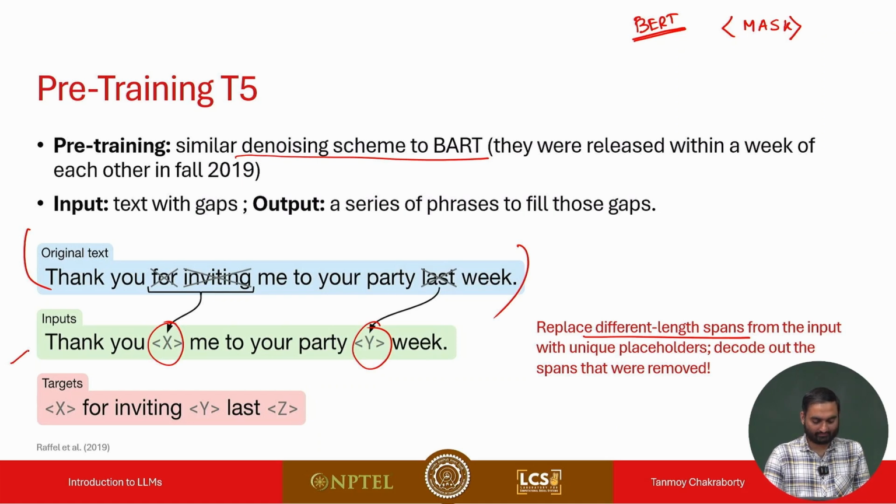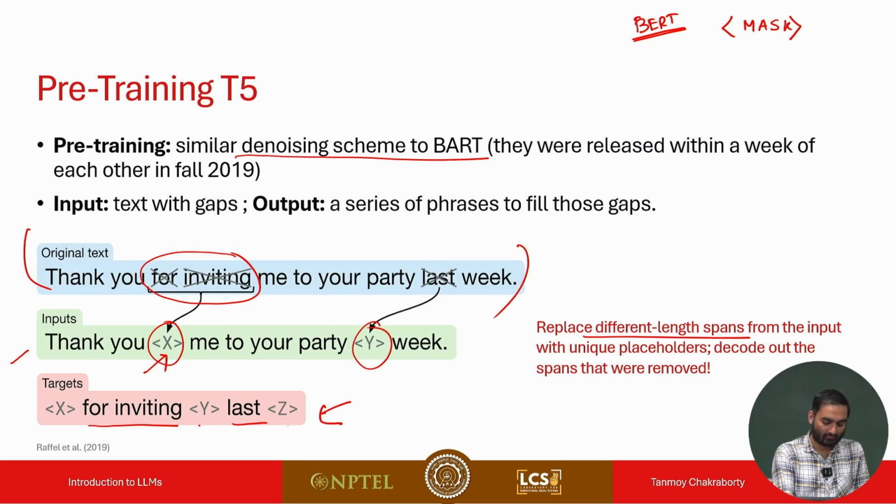If your input is "thank you X me to your party Y week", you will produce these kind of outputs: X for invitation, Y last, and then Z can be your end of sentence sentinel, or some other sentinel token. So you are only producing the token or the span which was masked in your input.